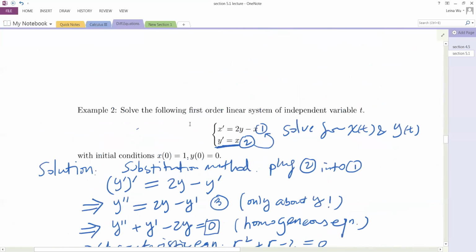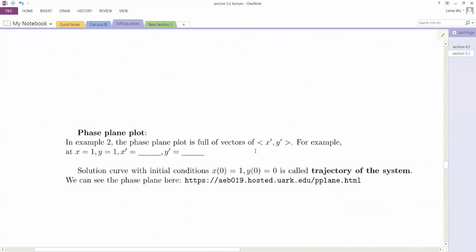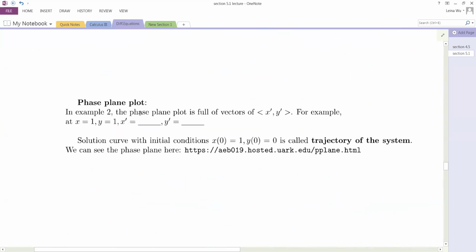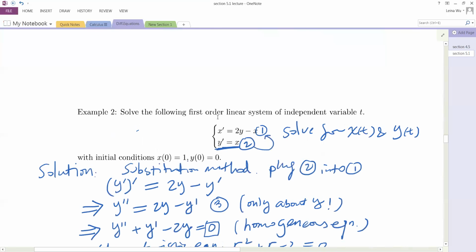So same thing here. If you have a system of first-order differential equations, we can get a field called a phase plane. The phase plane is basically generated based on the equation that you're given. For example, the equation tells you the derivative for the x position is 2y minus x.